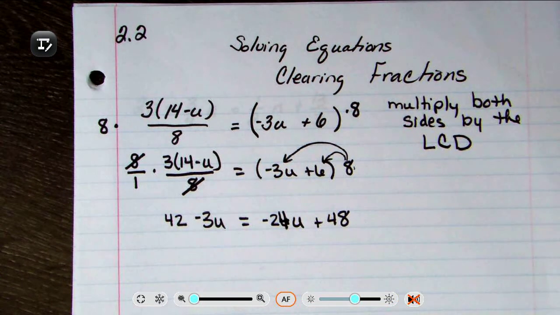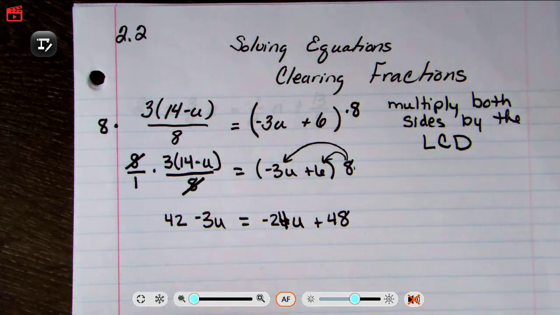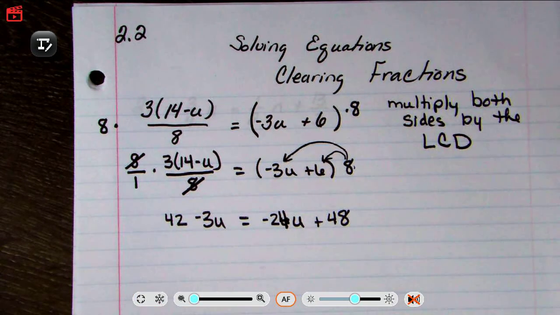It's a little bit larger numbers in this case, but at this point you'll notice there are no more fractions. So we are fine and ready to go with something that we're a little bit more familiar with, namely just simplifying or solving. So our technique again would be at this point to simplify each side by combining any like terms that I can. I do not see any like terms. So now I'm going to get my variables on one side.